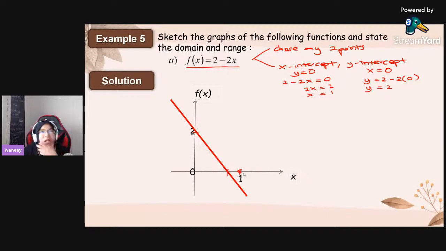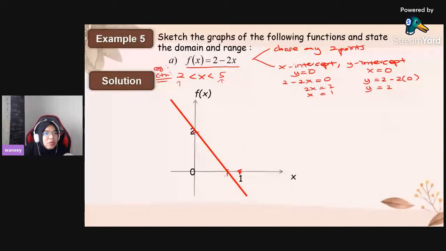How do we determine the domain as well as the range? If there is no restriction for the domain, it will start from negative infinity up until infinity. What does restriction for the domain mean? If there is a restriction, it has to be written, for example, x from 2 to 5. If I do a restriction for the domain, I need to check the range as well, so I substitute what happens when x equals 2 and when x equals 5, and then draw that line.